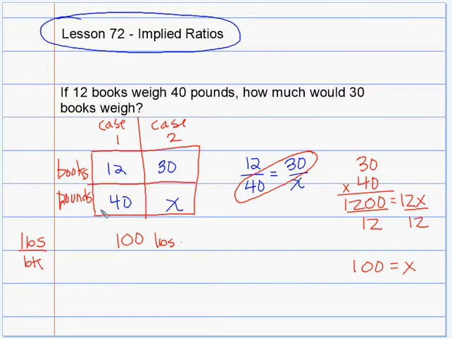You can't divide books by pounds to get books per 1 pound. That's not what we want. So make sure that when you're dividing, if that's the route you go, that you get what you need to multiply the next one. If you divide 12 by 40 and then multiply it by 30, you may be right, you may be wrong. So just be very careful.